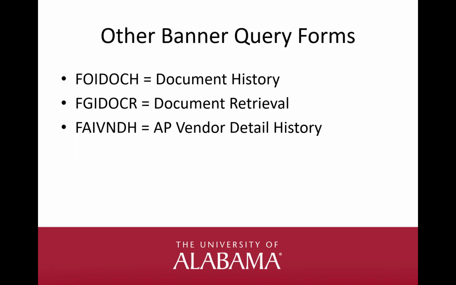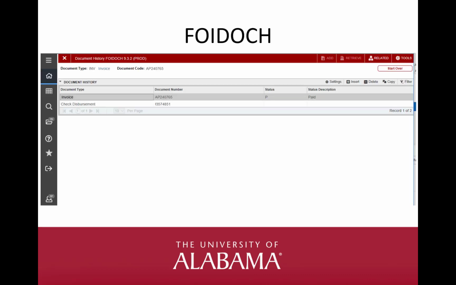Other Banner query forms include FOIDOC, document history, FGI Docker, document retrieval, and FAIVNDH, AP vendor detail history. These forms provide more detail on the document level. FOIDOC displays the processing history for a specified document by a selected document type and code.